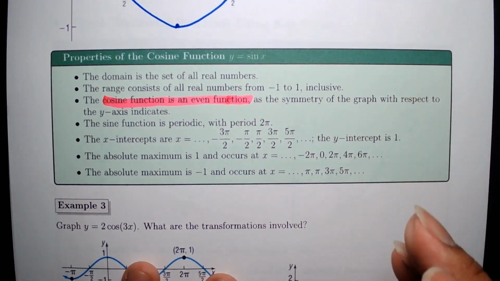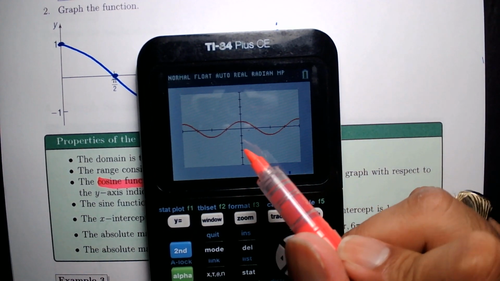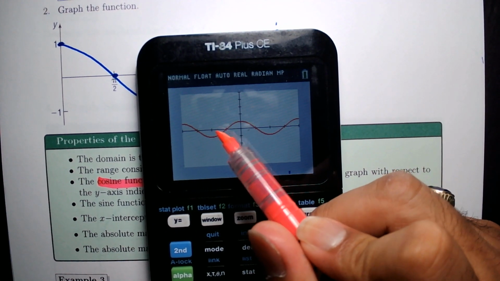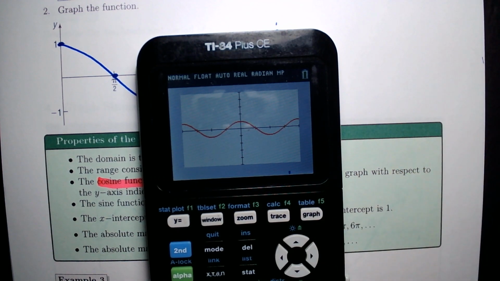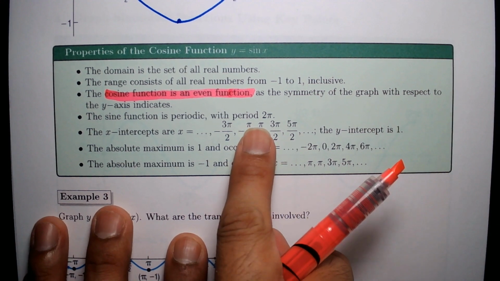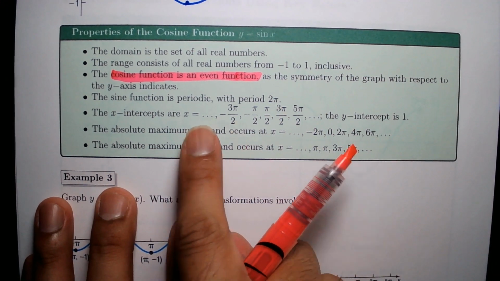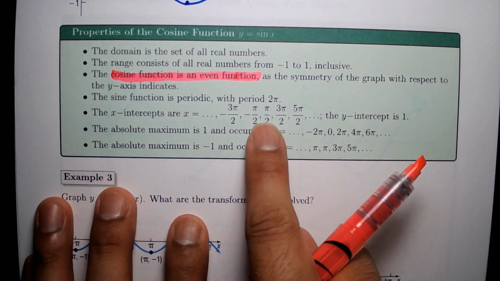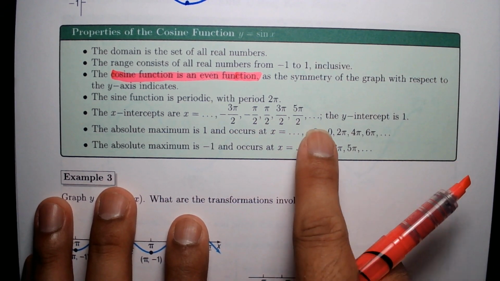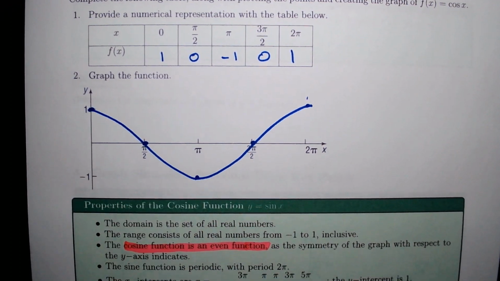Cosine is an even function. If we go back to the graph, can you see that the graph is symmetric about the y-axis? That's because it's an even function. The period is also the same, 2 pi, but in this case the x-intercepts are shifted pi over 2 units. The y-intercept is 0, 1.